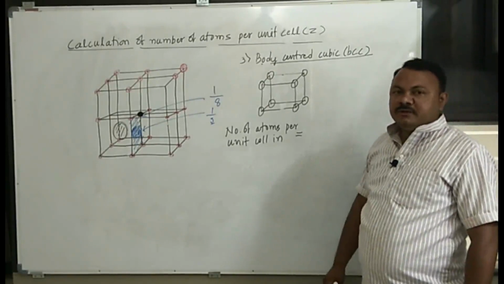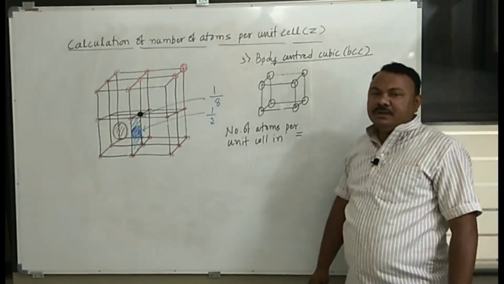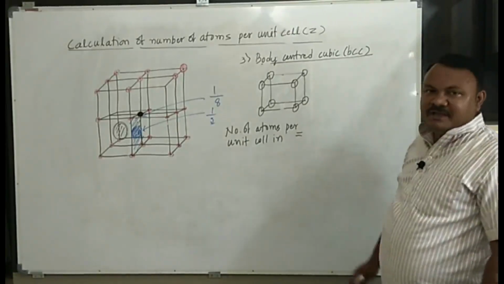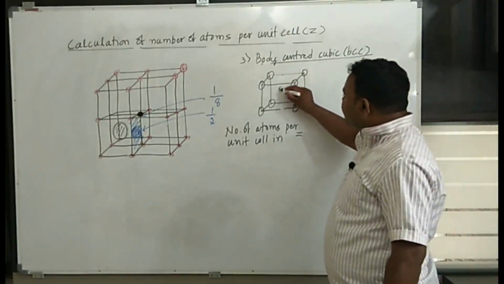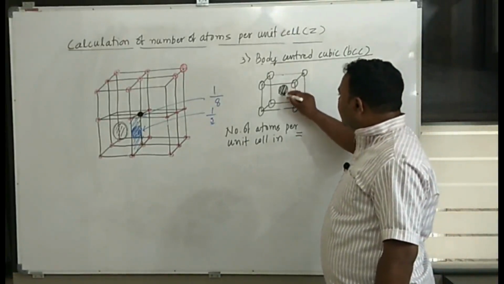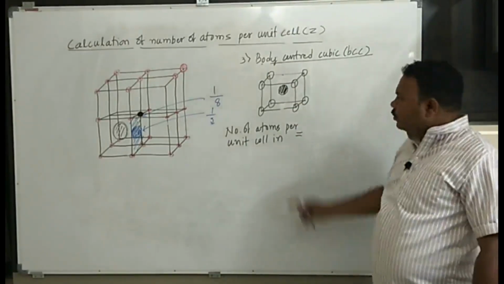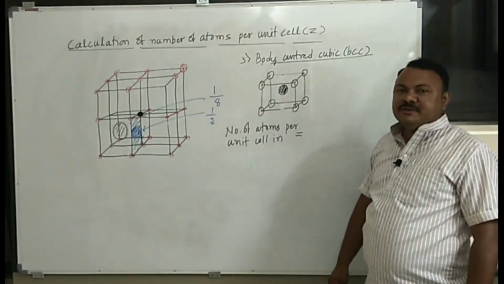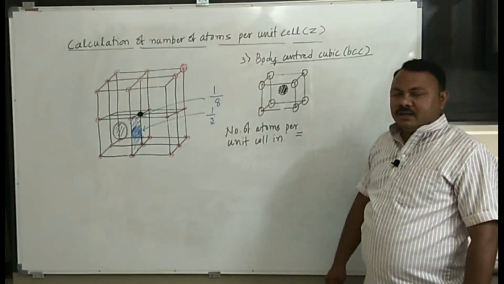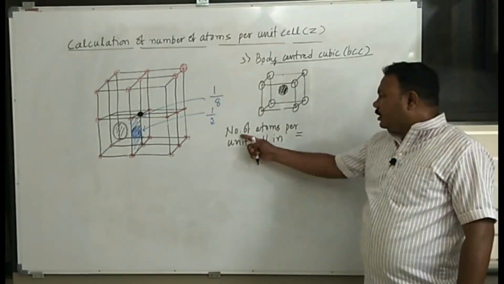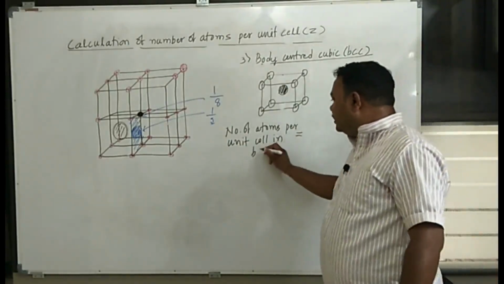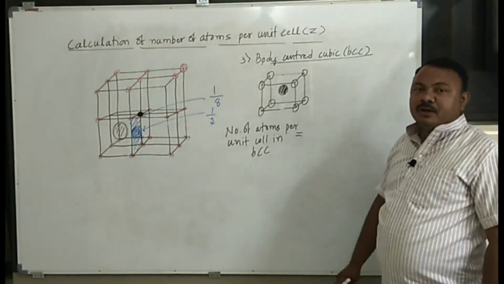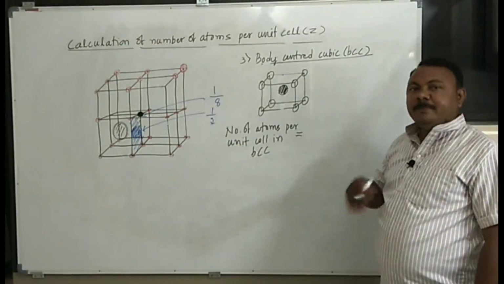Next, we go for the third one: calculation of number of atoms per unit cell in the body-centered cubic system. In short, we call it BCC. For this, I am going to consider a diagram of the body-centered cubic system. Once again, the dark colored particle you are observing is present at the center of the unit cell. It is nothing but the body-centered particle. Now, the number of atoms per unit cell in BCC, again I have to take 2 contributions: corner contribution and body-centered contribution.